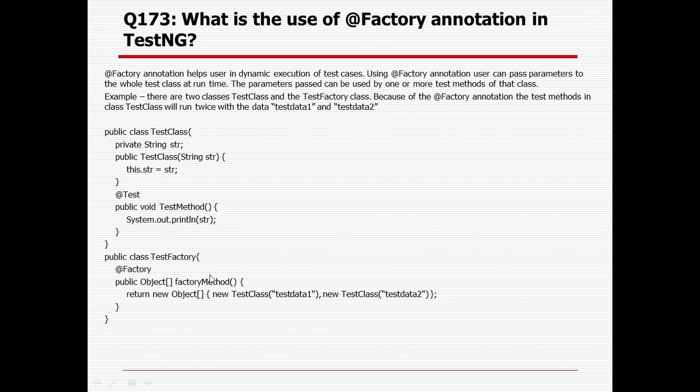I create a method that returns new objects of that test class, one with test data 1 and another with test data 2. That's why we can use the factory annotation, where we can pass different data combinations so that our base class will run multiple times.